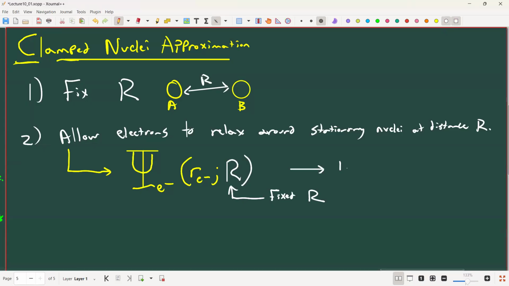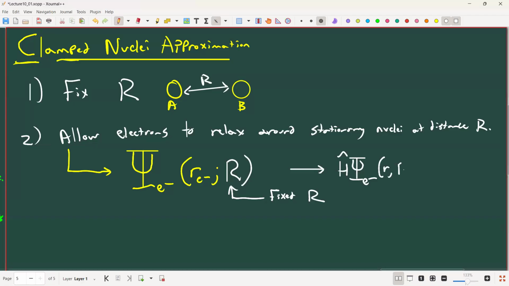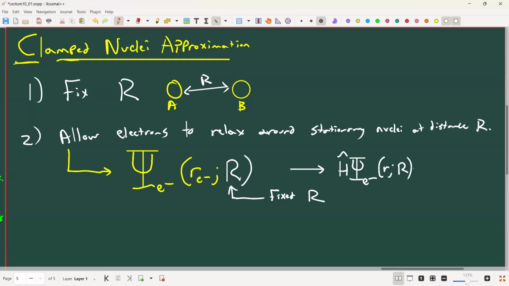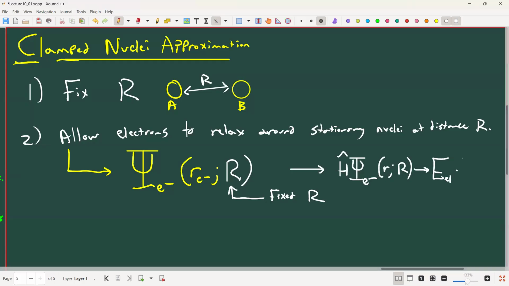I can take the Hamiltonian that we defined earlier and apply it to this wave function, and what I get out is the electronic energy times the wave function, just like before, but at a fixed value of R.